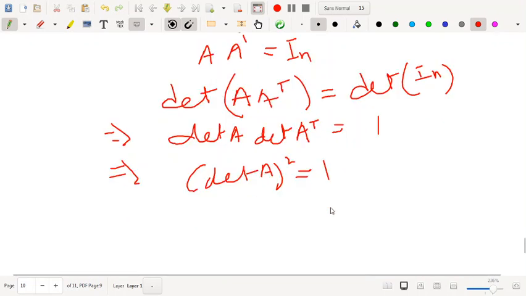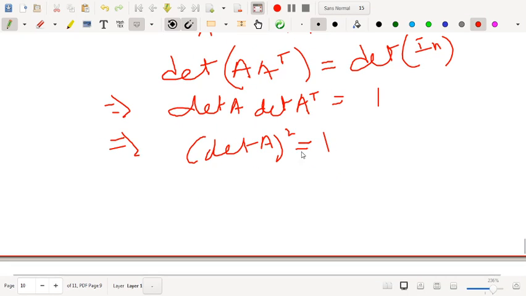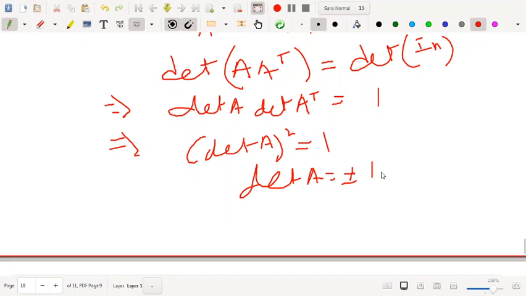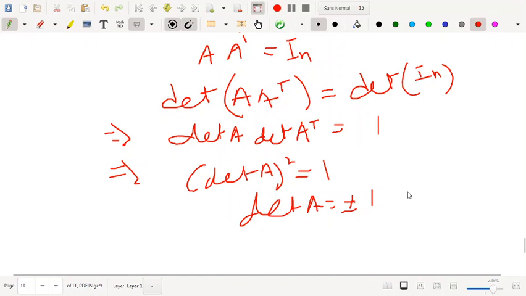You look at that, it is not equal to 0. So the determinant of A is plus or minus 1. So for an orthogonal matrix, the determinant is non-zero and it is plus or minus 1.